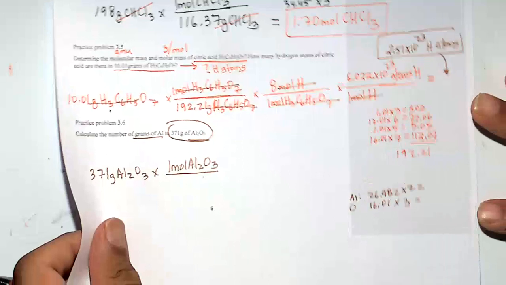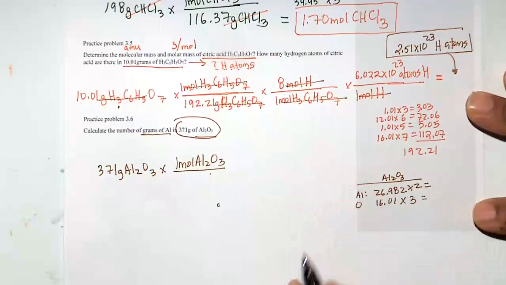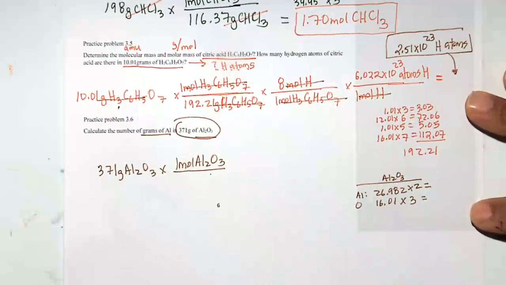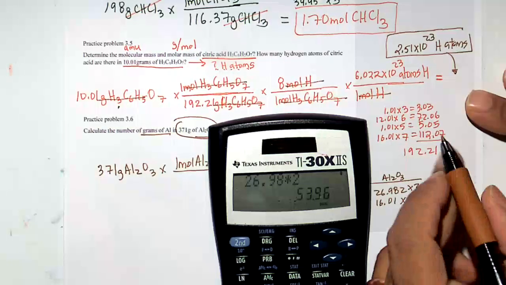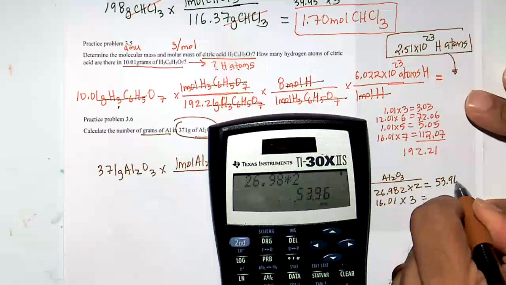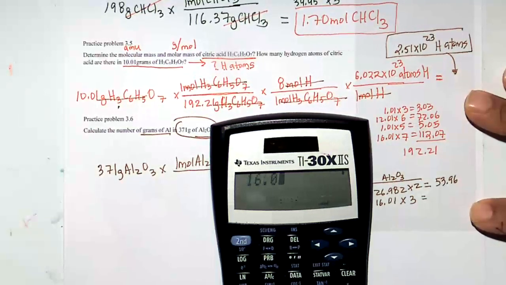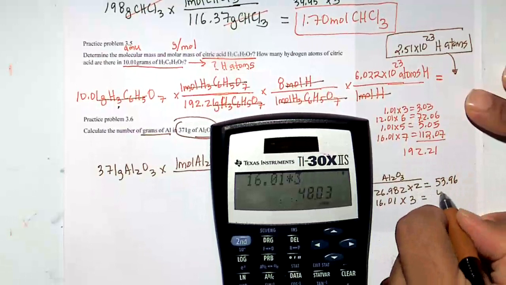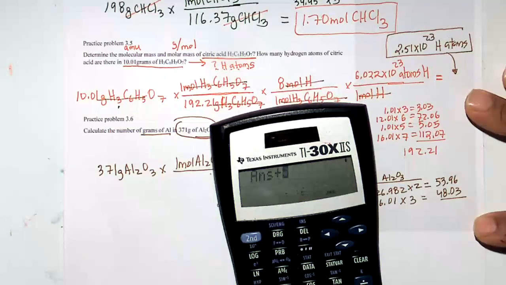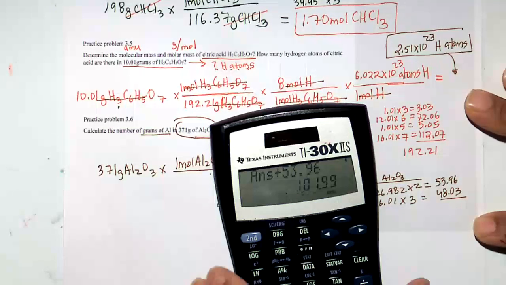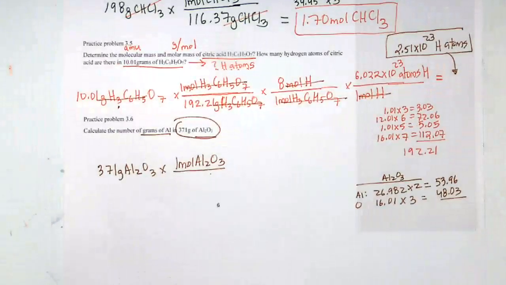Times 2. Okay. So 26.98 times 2, plus 16.01 times 3, which is 48.03. What happens when we add them up? 101.99, almost 102.